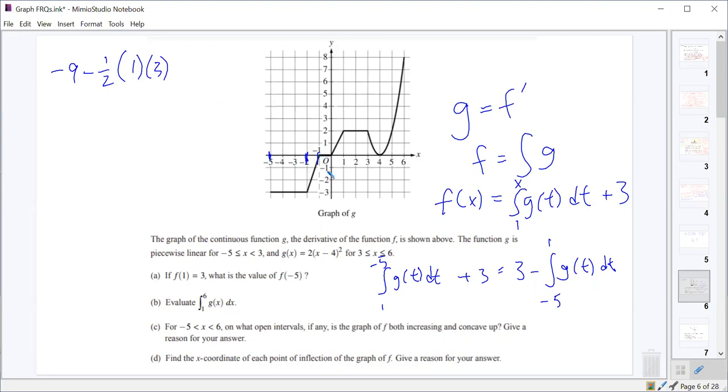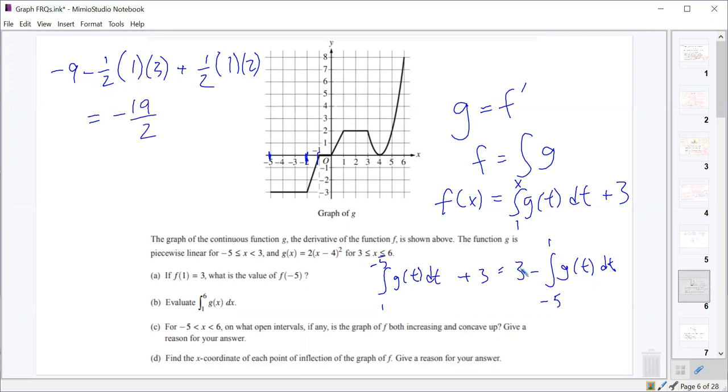Then from 0 to 1, it should be 1/2 the base of 1 times the height of 2. So that gives us for the integral from -5 to 1: -9 minus 3/2 plus 1, so -9 minus 1/2. We combine those together, which ought to be -19/2.